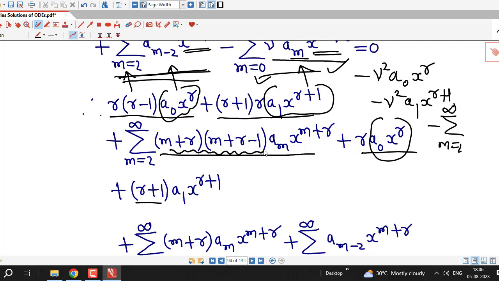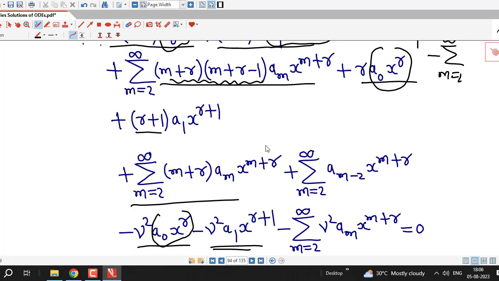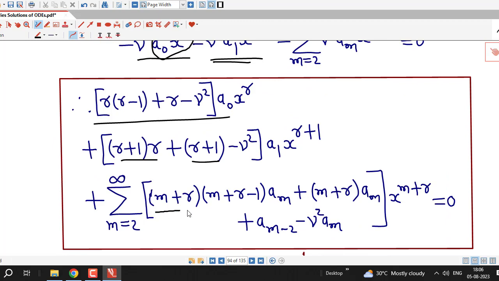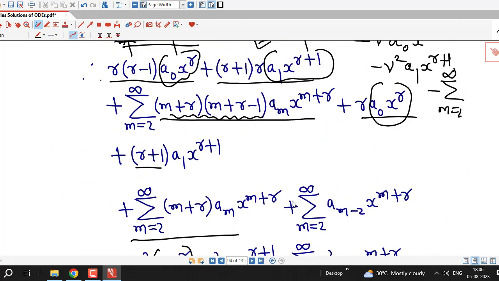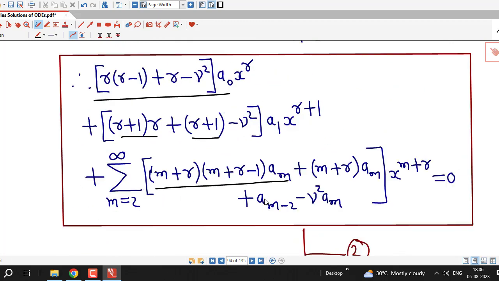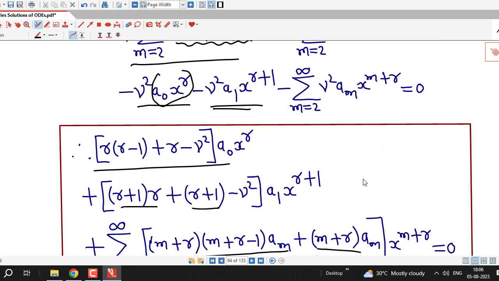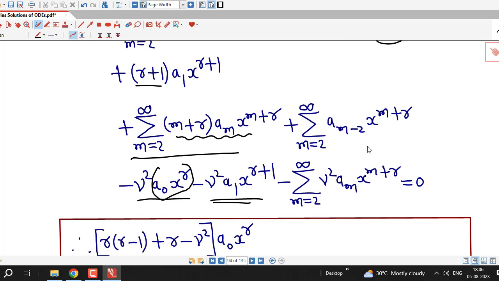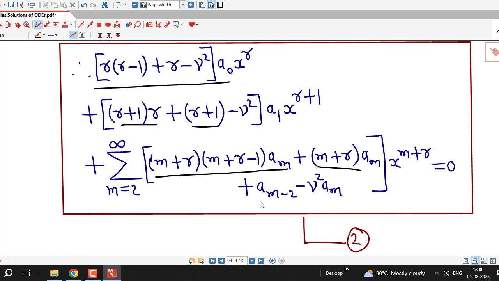So this term is (m+r−1)(m+r) am plus (m+r) am, so that I have written here, and this a(m−2) minus ν² am x^(m+r) equal to 0, and summation is from m equal to 2 to infinity.